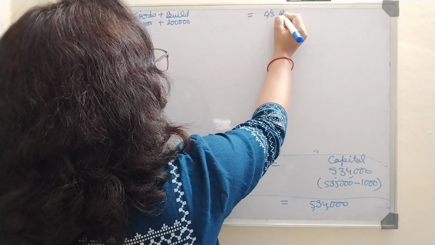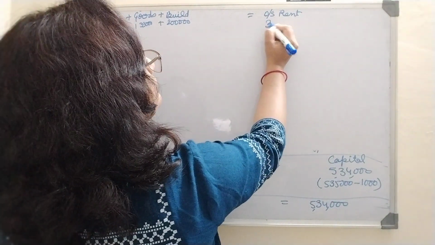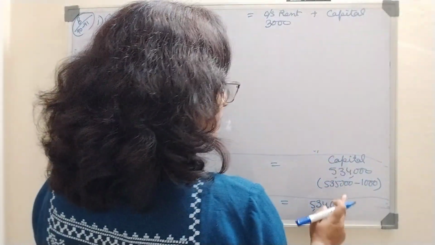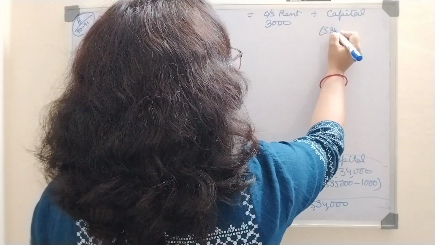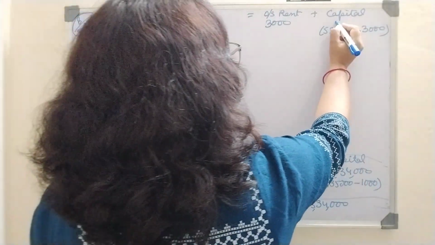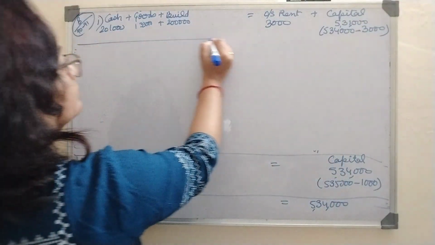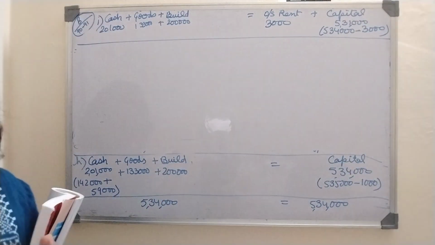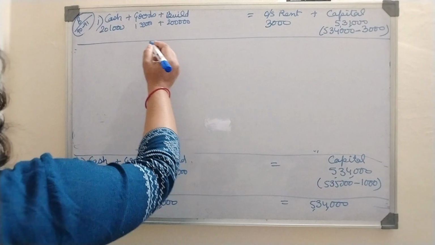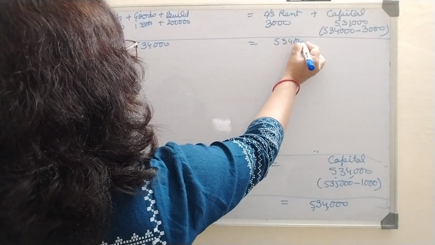Then we add outstanding rent. Outstanding rent is how much? 3,000. And we subtract it from capital. So capital was 5,34,000 minus 3,000. So it comes to 5,31,000. Now again when we see the total of both the sides, it remains the same. The total of both the sides is 5,34,000 because the effect is on one side of the balance sheet only.